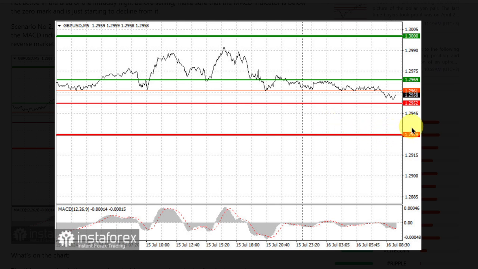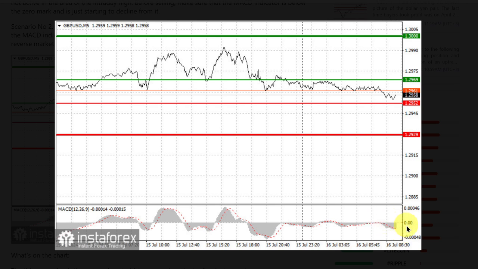We are going to close short positions and also open long positions in the opposite direction, expecting a movement of 20-25 pips in the opposite direction from the level. You can sell the pound if buyers are not active in the area of intraday high. Before selling, make sure that the MACD indicator is below the zero mark and is just starting to decline from it.